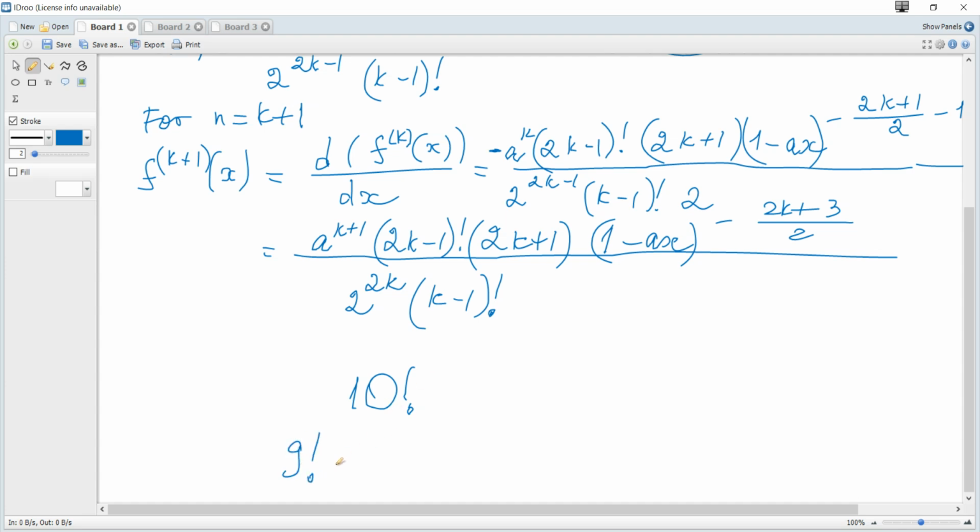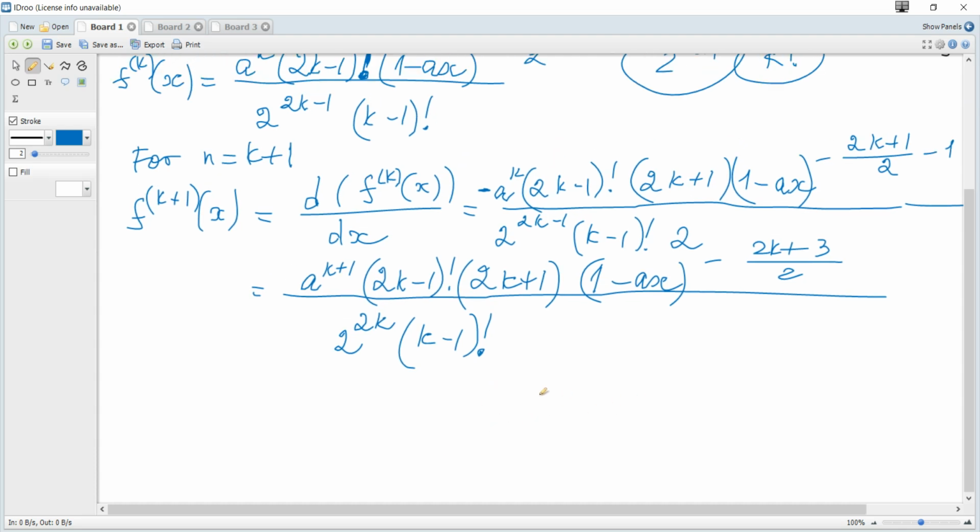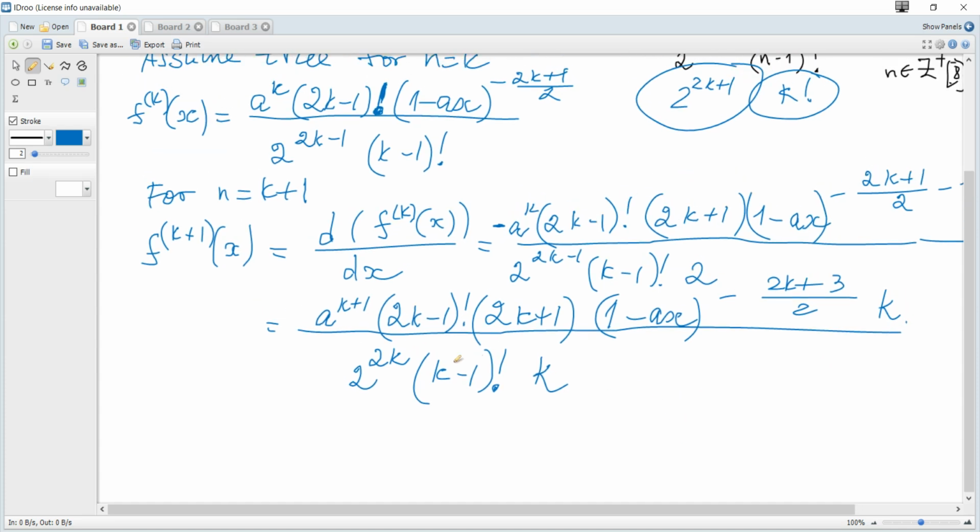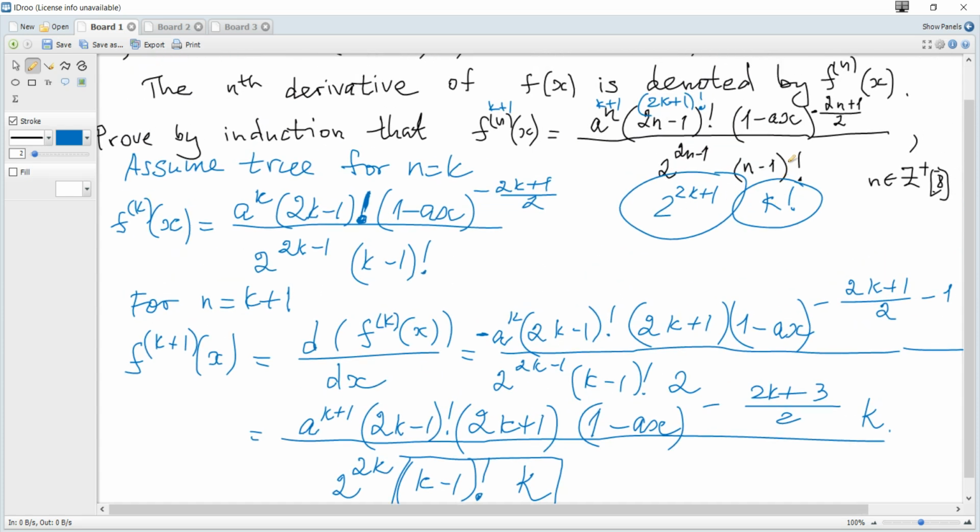To get 10 factorial, we should just multiply additionally by 10. So let's multiply numerator and denominator by k. Now this becomes k factorial as required.